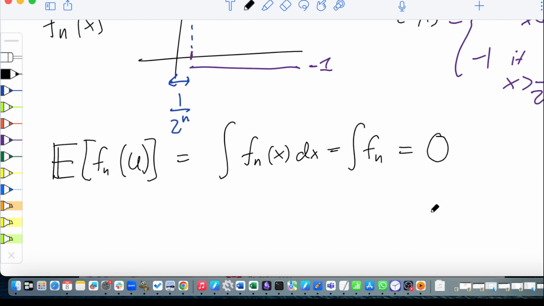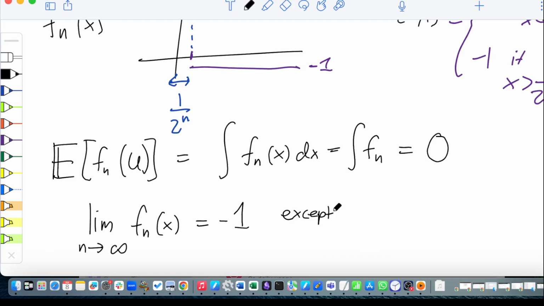On the other hand, let's look at the limit as n goes to infinity of fn of x. As n is getting bigger and bigger, what is happening? For some fixed sequence of heads, tails, what is the limit of fn? I claim this is minus 1 except for one point.